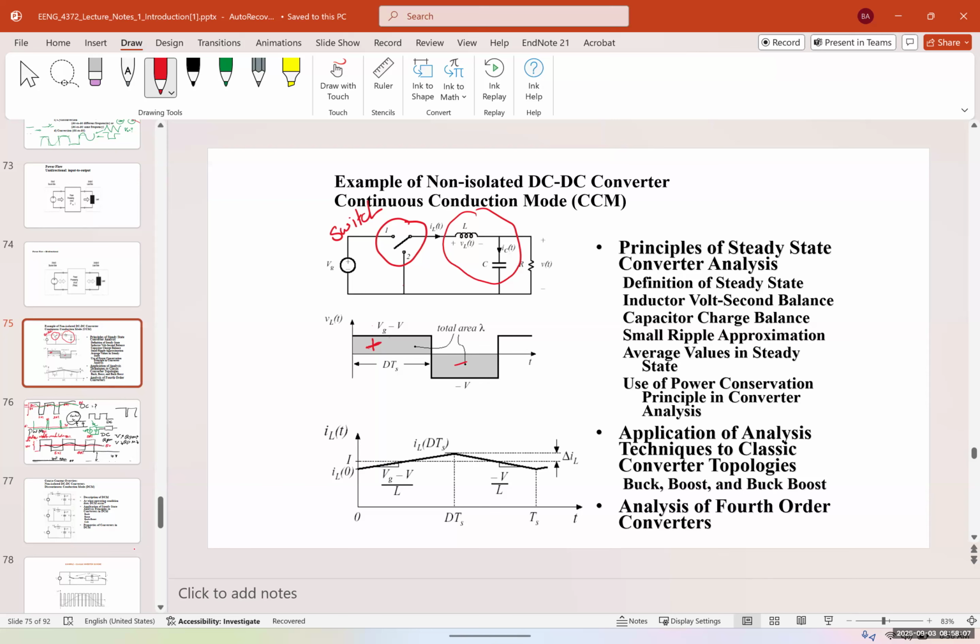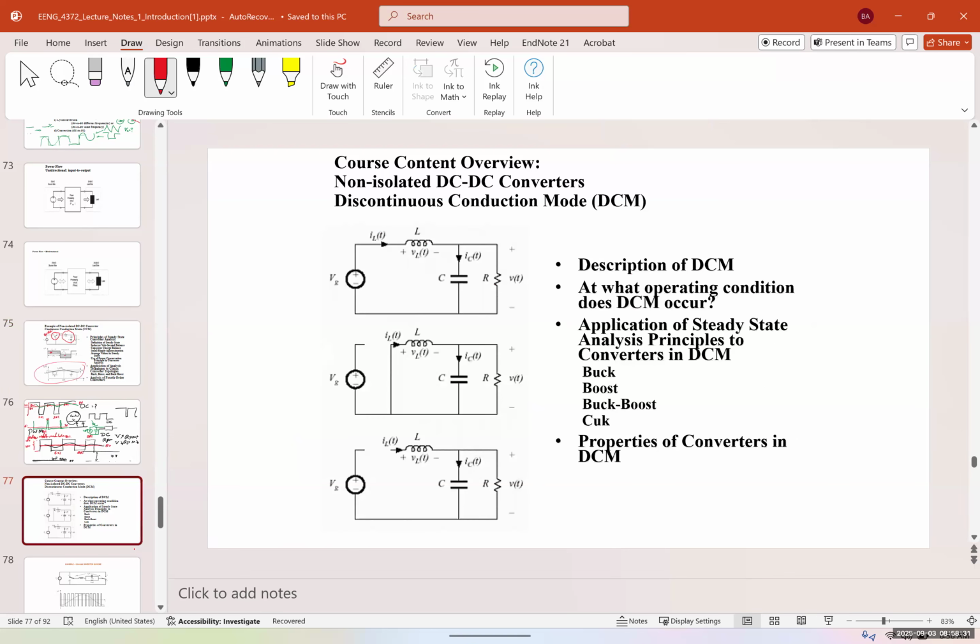I'll explain what a buck is, what a boost is, and what a buck-boost is. So what we will learn is the principle of converter analysis and how we do that. And on the second one, you can actually see the inductor current and the output current, which is the average output current that we get.